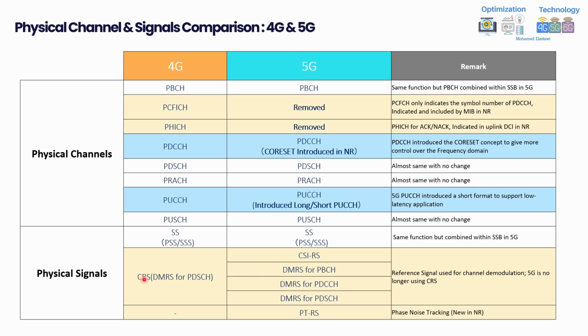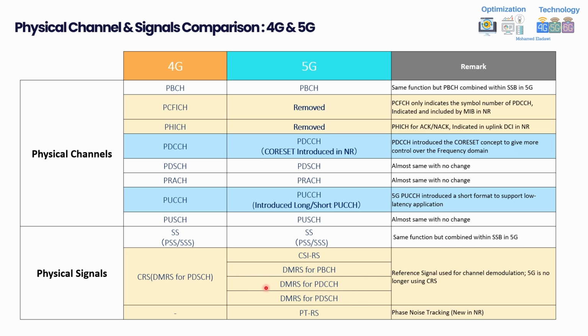We don't have this concept anymore. We call it CRS-free. There is no more cell-specific reference signals. However, we have now DMRS associated with every channel. Like we have DMRS for the broadcast channel, we have DMRS for PDCCH, we have DMRS for PDSCH channels, where they can be used to demodulate the channel or the radio condition.